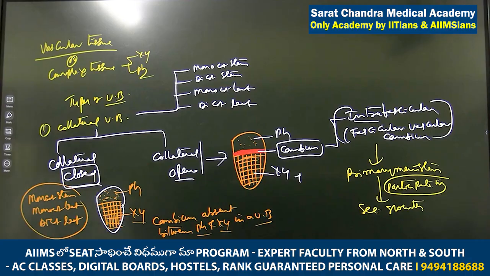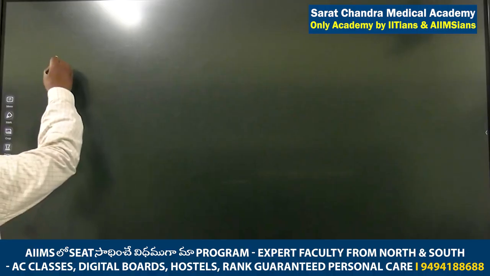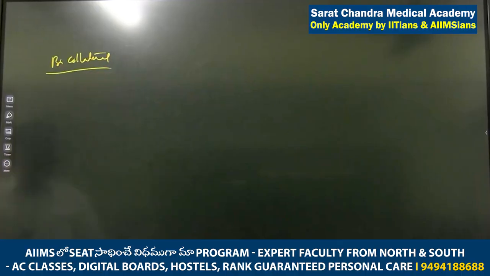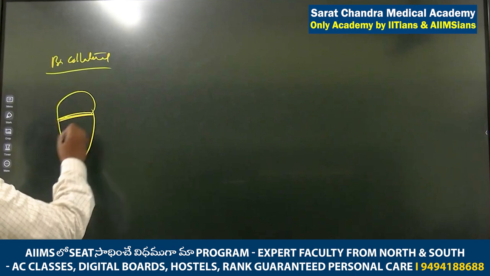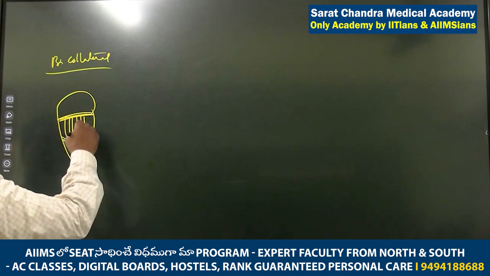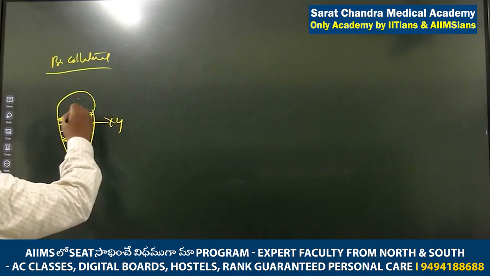Next, the second one, bicollateral vascular bundle. What is bicollateral? The phloem is present on either side of the xylem. So this is xylem, and this is phloem.